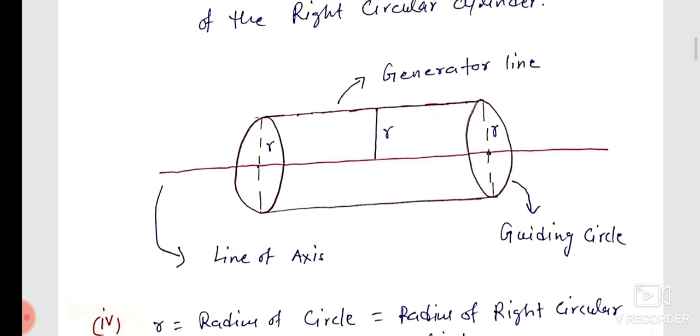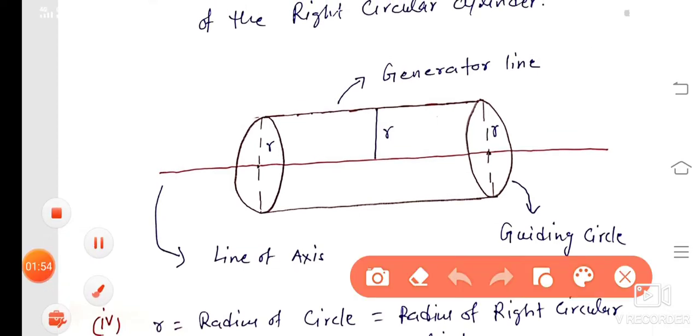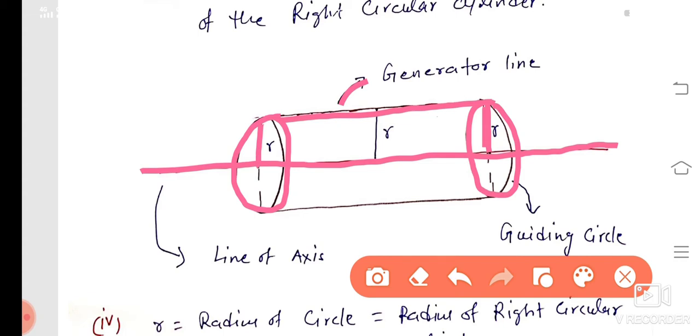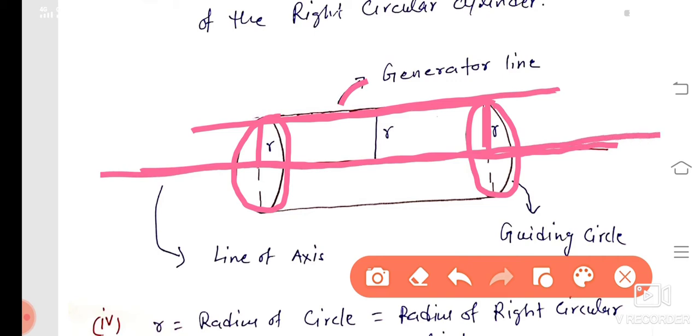In the diagram you can see that this is your guiding curve, the guiding circle. This line is the generating line, and this line is the line of axis. And this is the radius of the circle. We know that the generating line and the fixed line are parallel to each other at a fixed distance.